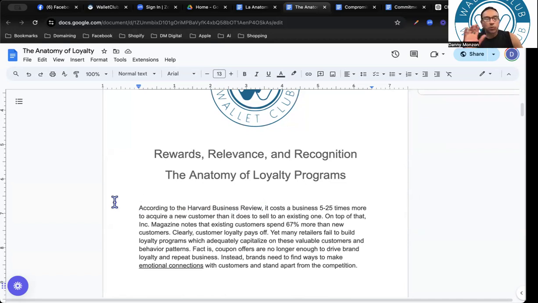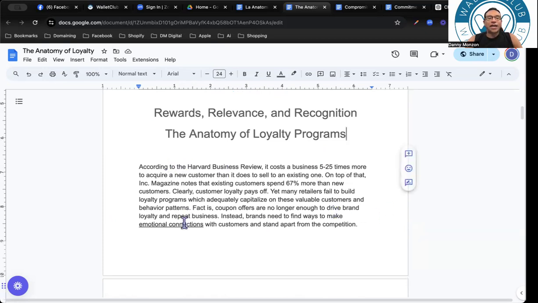I think this will help you prospect people or clients that are serious about loyalty, serious about customer retention programs driven by AI. And rewards, relevance, and recognition are the three R's that we implement to optimize the results for clients.